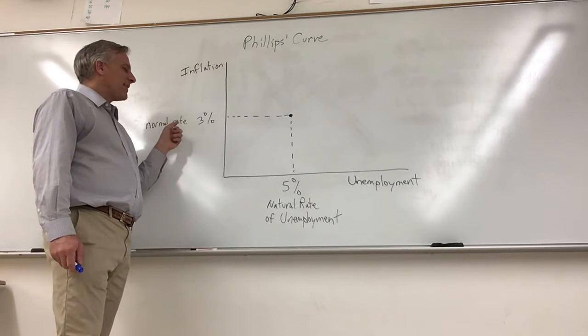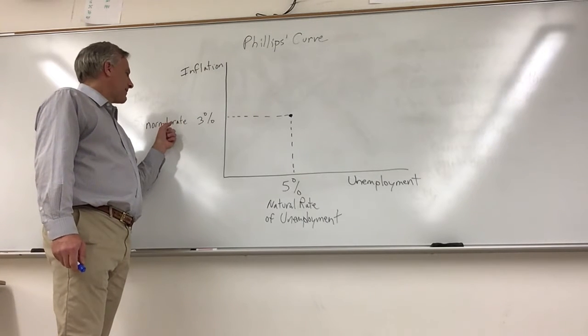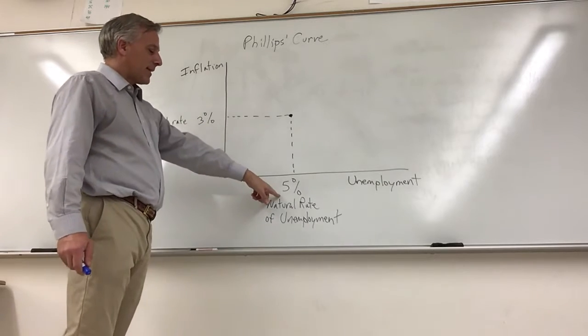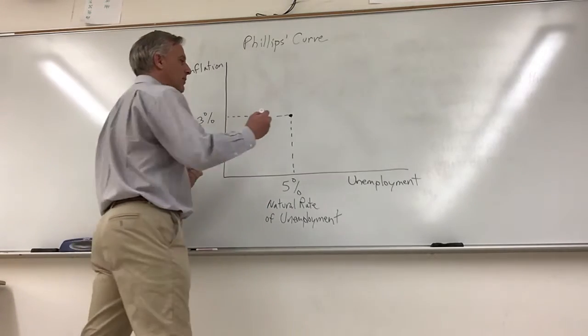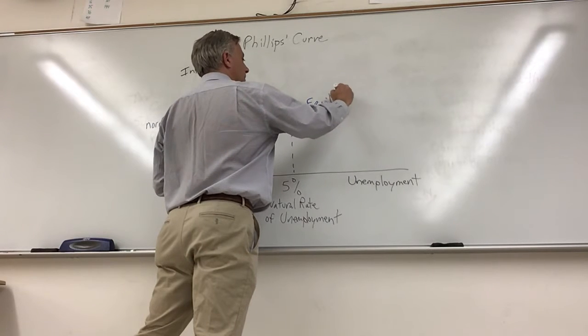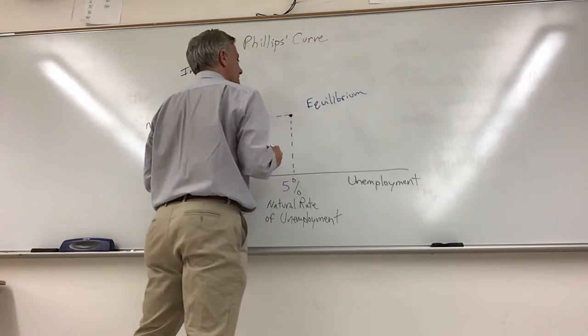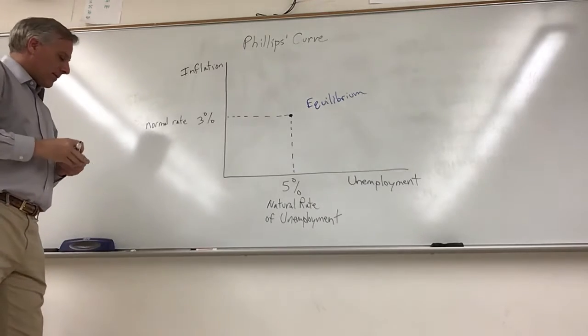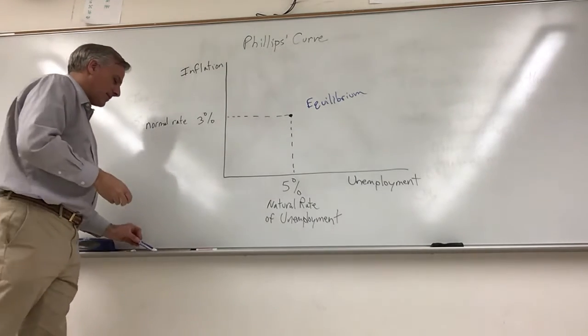All right, so we've got the normal rate of inflation, 3%, and the natural rate. This is our equilibrium point, okay? All right, currently we're in a recession.